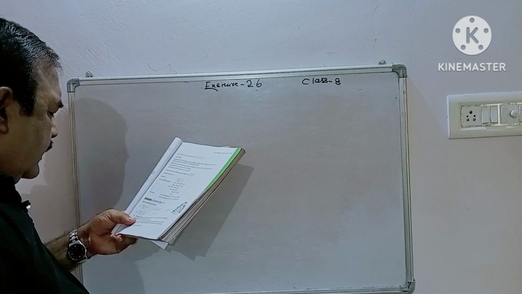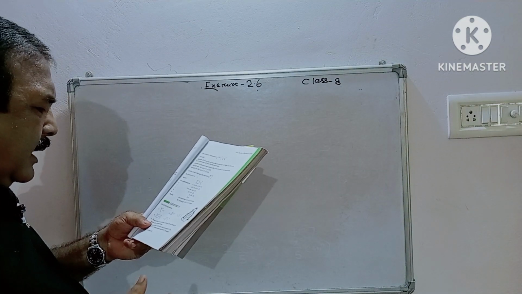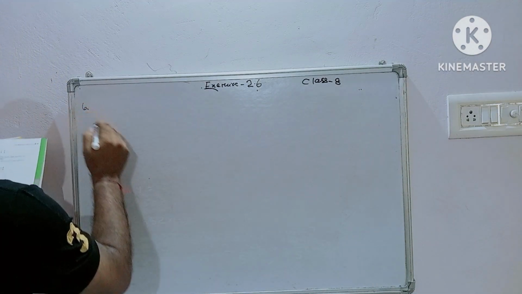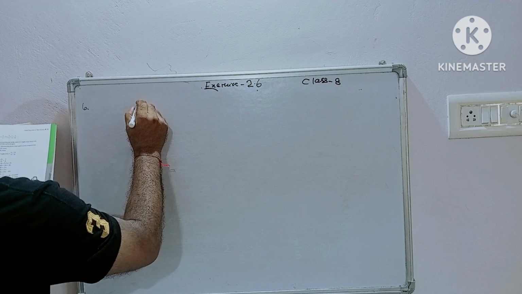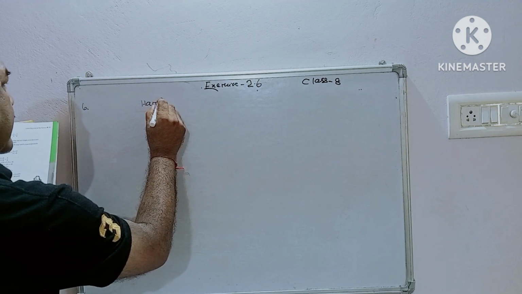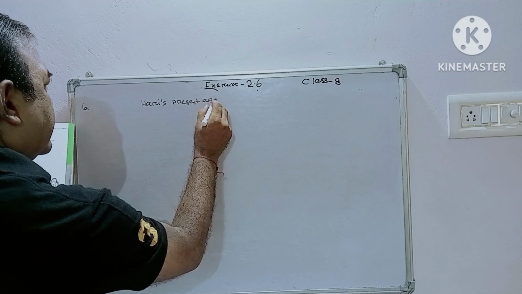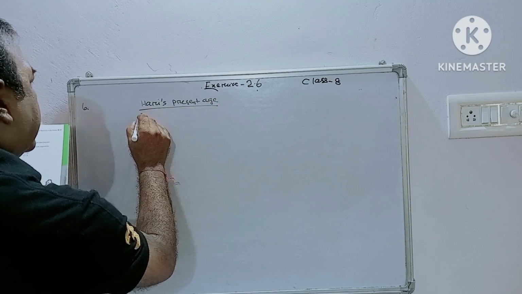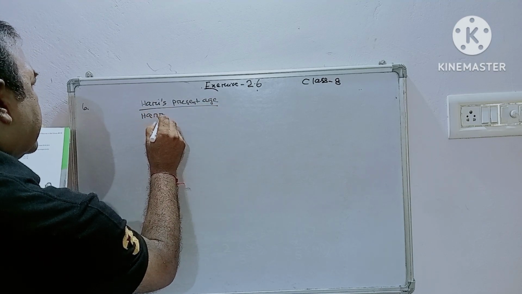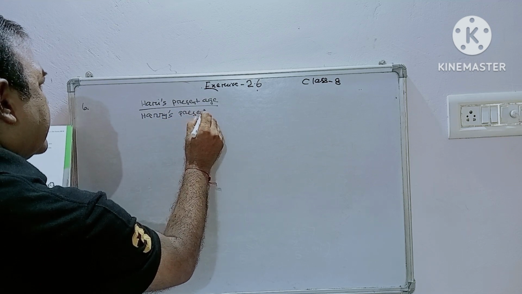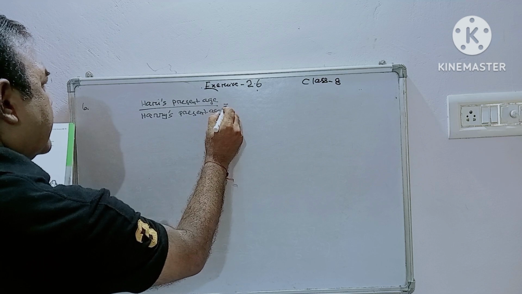You see, the ages of Hari and Hari are in the ratio 5:7. So this is the information about their present ages.